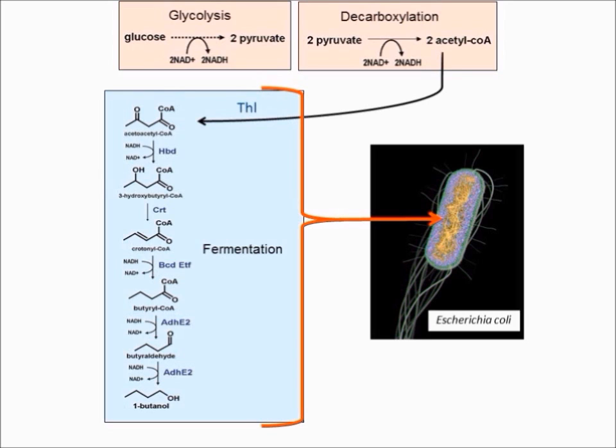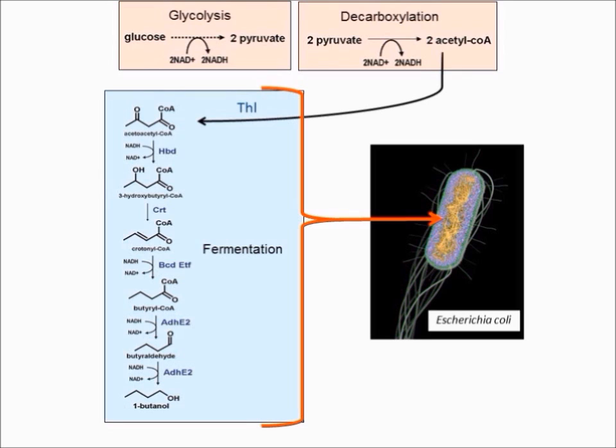Just like in C. acetobutylicum, glucose is converted into pyruvate through glycolysis, and pyruvate is converted into acetyl-CoA through decarboxylation. So when scientists inserted the genes for THL and the other fermentation enzymes into E. coli cells, the E. coli was able to produce butanol through fermentation.